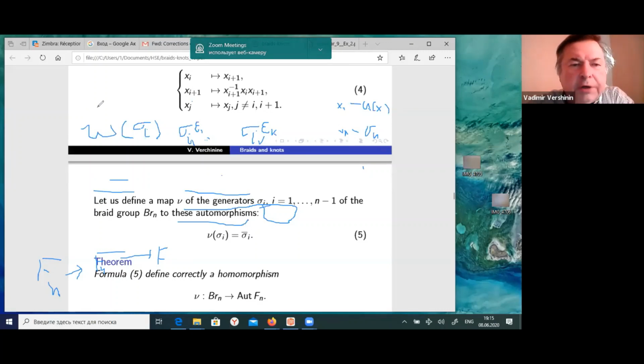And you have another word, say W2. It is also a word in sigmas. Now you consider the action of W1, this will be this one. You consider now the action of W2. This will be another set of words. But in Fn, you have a solution of the word problem. Each word Vi you can reduce to the reduced form. And you now simply can consider two lists.